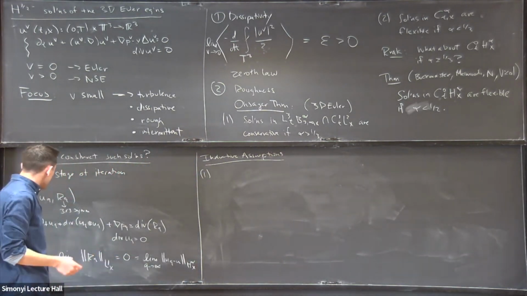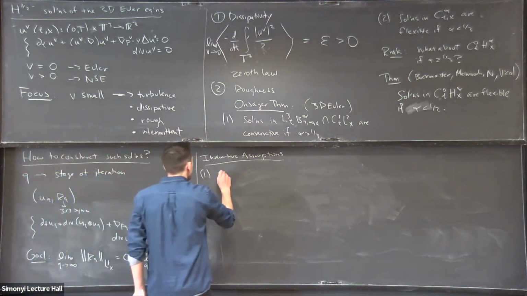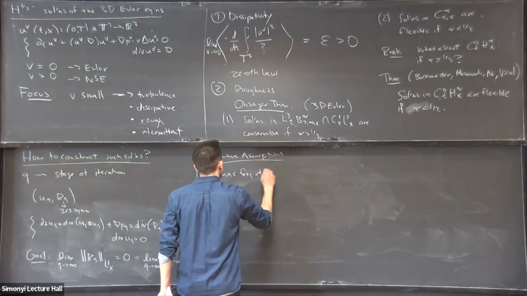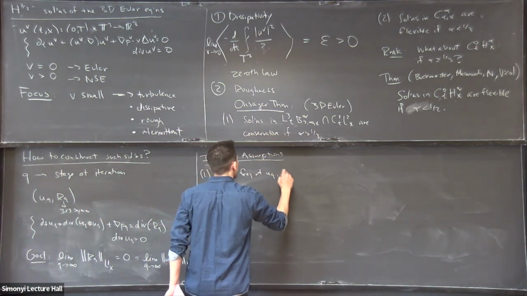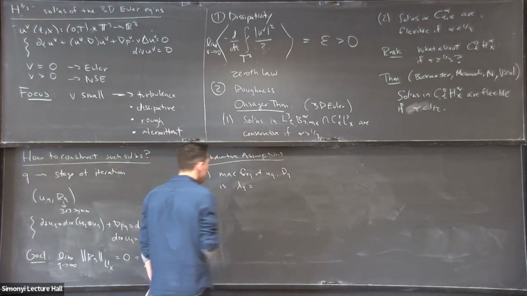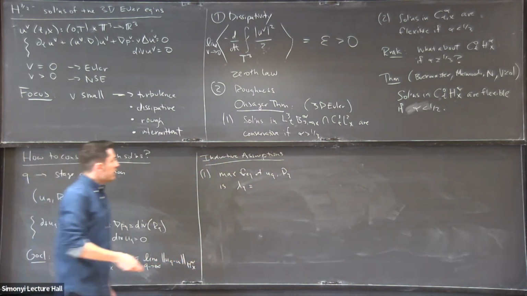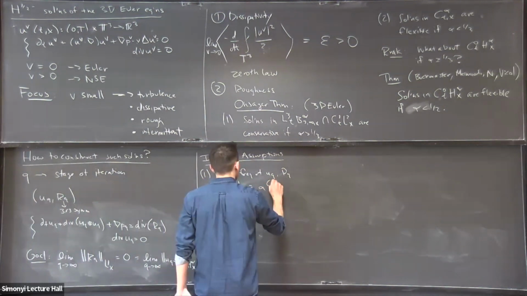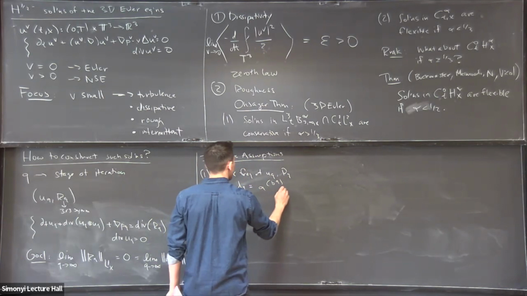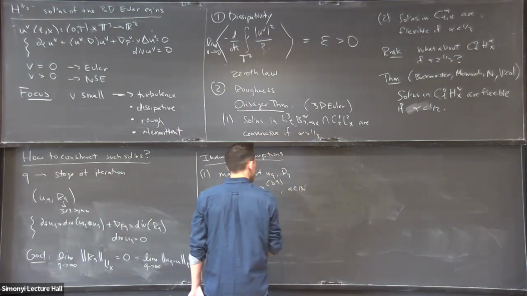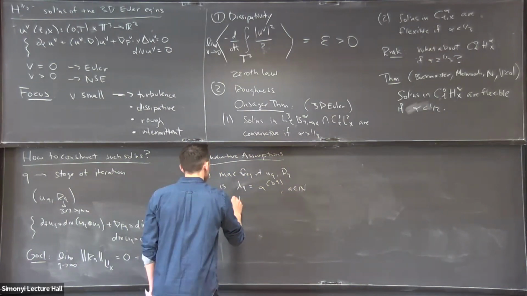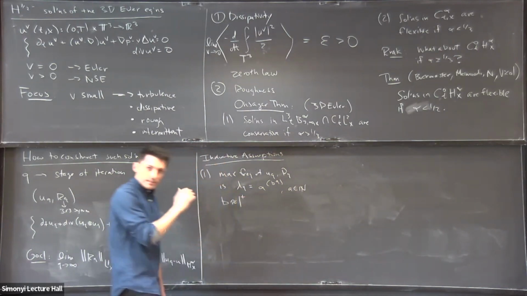My first inductive assumption is that, let's say, the maximum frequency of UQ and RQ is lambda Q. And lambda Q for me is A to the B to the Q, where A is a large natural number and B is basically 1 plus a little bit.